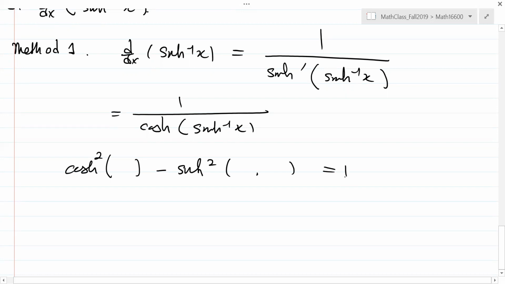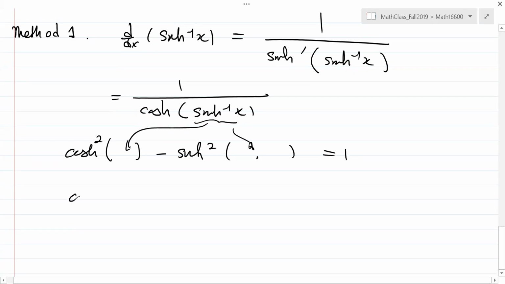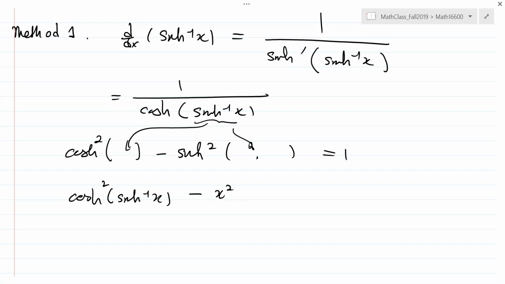So if you put hyperbolic sine of the inverse sine x in there, you get the square, but this one is just x squared. Why? Because hyperbolic sine and its inverse put together just cancel out, so it's just x.